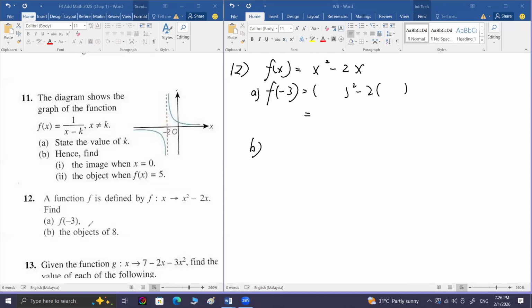Copy what? When I say find object, copy the right side one, remember? Equal 8. Find object means find x. So I test that and see. Okay, you complete A and B. Once you see this one, you must know what to do already. I see whether you all still remember from the last class. Okay, keep doing.